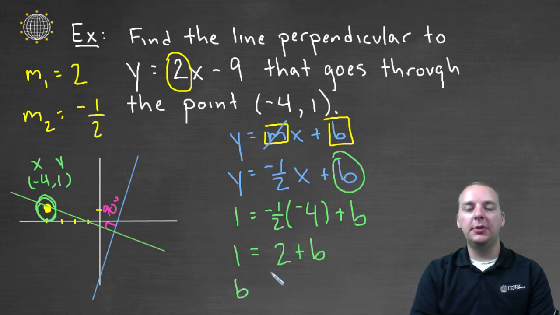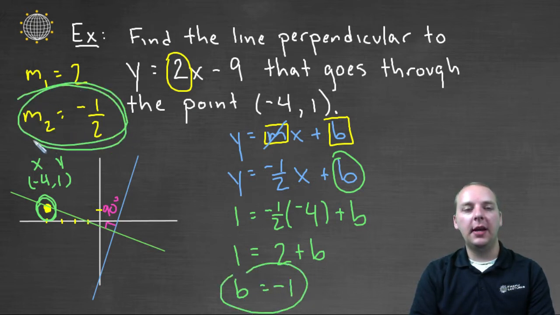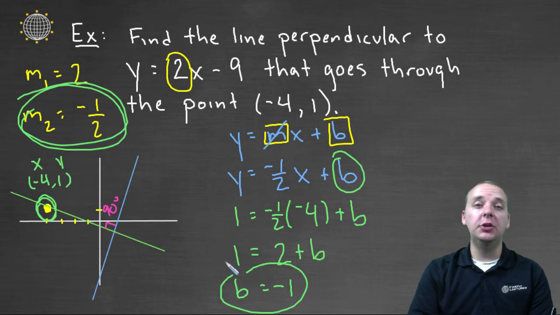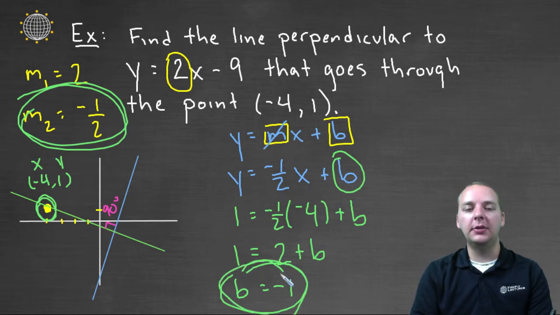So our b, if we subtract 2 from both sides, would give us negative 1. So earlier we found our m, negative 1/2, and we just discovered our b value, the y-intercept of our perpendicular line. So we're done. We have our answer.